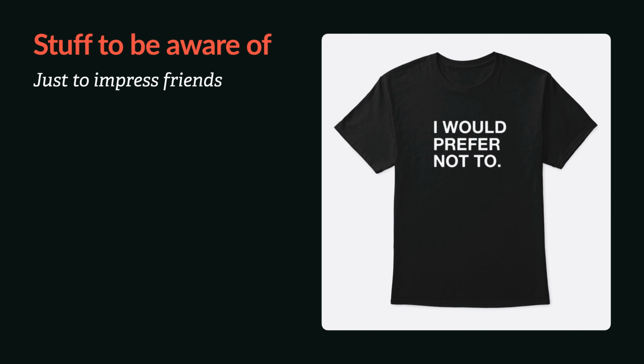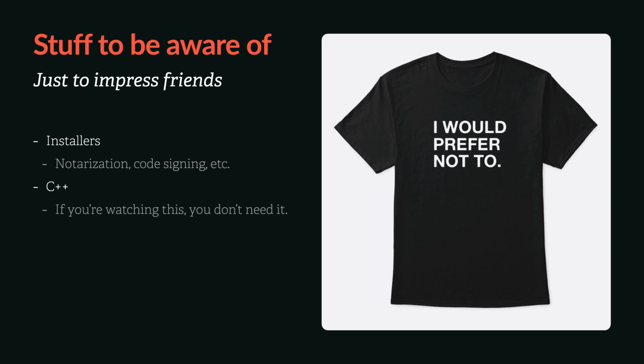And then there's stuff that you just need to be aware of their existence. For instance, you don't need installers, notarization, code signing certificates. Finally, you can get rid of those things. C++, if you're watching this video, I believe that you're not going to learn C++, and you shouldn't. It's not really necessary for this kind of extensibility.